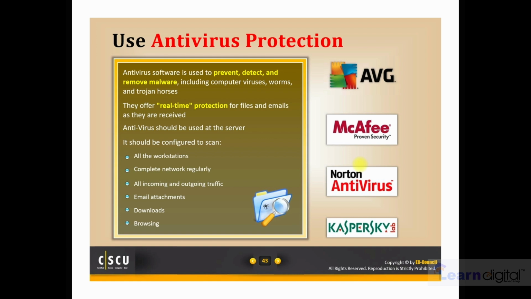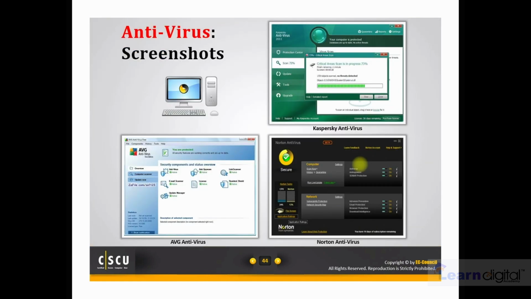It should be configured to scan all the workstations, the complete network regularly, all incoming and outgoing traffic, email attachments, in fact the downloads, browsing, and so on. You can use AVG, McAfee, Norton, Kaspersky, Bitdefender, or I can also recommend Windows Defender, because now this is the default tool which you can use.